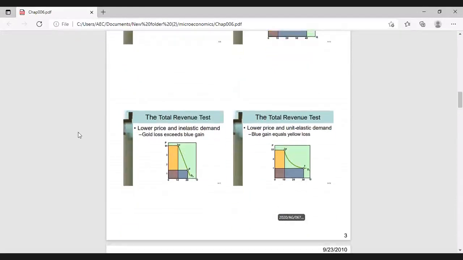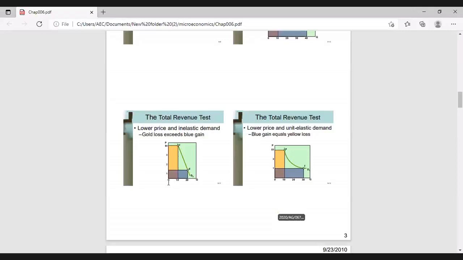For this product, you can see the demand curve is steep. When the price is 1, demand is 20, so total revenue is 20. The price increases to 4, but demand reduces from 20 to 10. So now total revenue is 4 times 10, which is 40. At the low price total revenue is 20, and now when the price increases to 4, total revenue increases to 40.